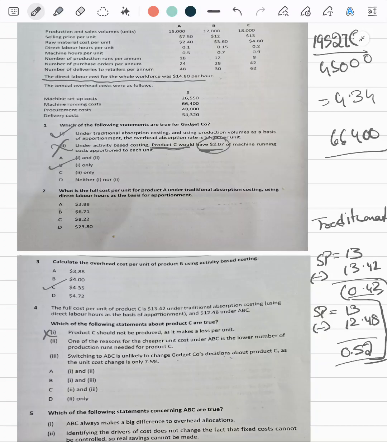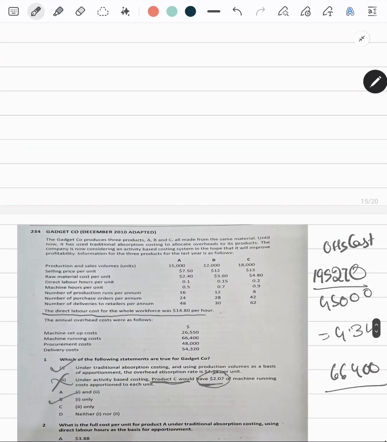Now let's jump on to the second statement. It is saying one of the reasons for the cheaper unit cost for ABC is the lower number of production runs needed for product C. First of all, I need to see that the production runs were 16, 12 and 8 for A, B and C. For which cost pool did I use production runs as the cost driver to calculate the overhead absorption rate based on ABC costing?